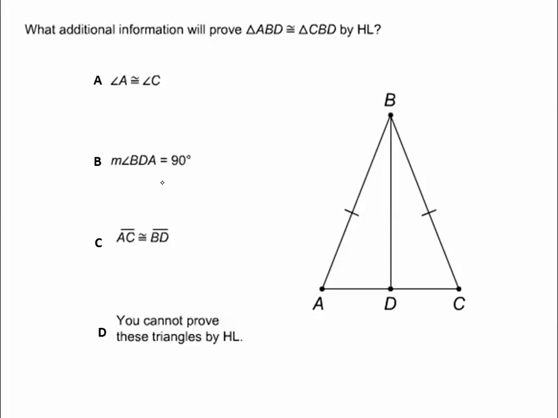Here they say, what additional information will prove that triangle ABD is congruent to triangle CBD by the hypotenuse leg theorem? So we can tell that if it was a right angle, we know that the hypotenuses are congruent, and we need to know that AD is congruent to DC, but that's not a choice.